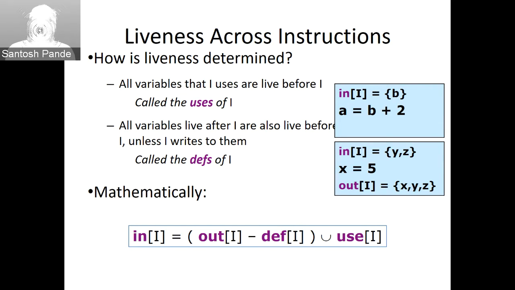On the other hand, regardless of whatever was live downhill, if we are looking at the uses, the moment there is a use of a particular value in a basic block, you will see that it will become live at the entrance, at the inset, because if you look at it from that standpoint, there is a use of the current value without going through the definition, and that use is found straight in the same basic block.